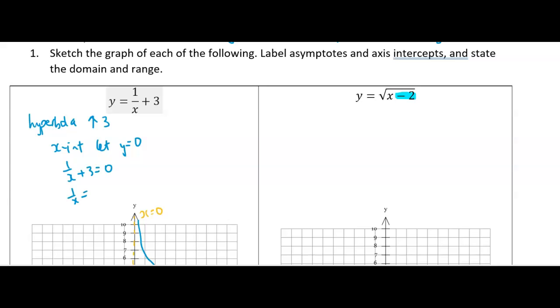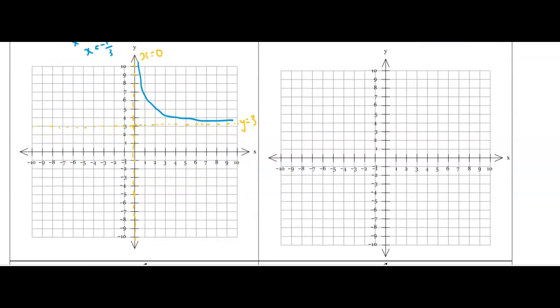So 1 over x equals -3, so x equals negative 1 over 3. It's a bit hard to see on this graph. That point there is (-1/3, 0). It doesn't cross the y-axis, and that's a bit wonky at the end there, but it's all good.